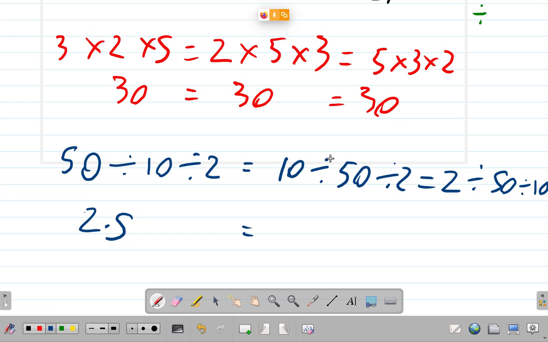Let's find out. 10 divided by 5 is 2. Then 2 divided by 2 is 1... Well, let me redo this: 1/5 divided by 2 is the same as 1/5 times a half, which is 1/10. This is 1/10. And since I have a fraction here, let's write this as a fraction, 2.5.